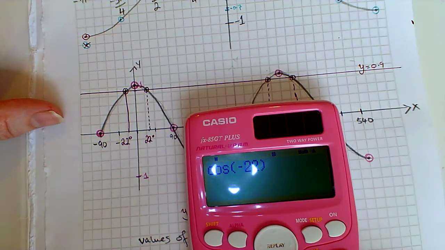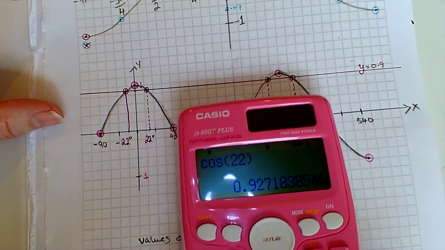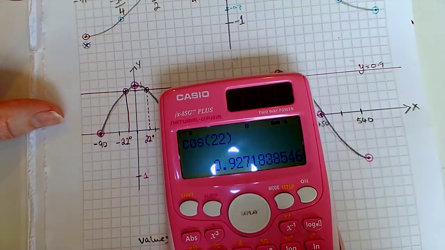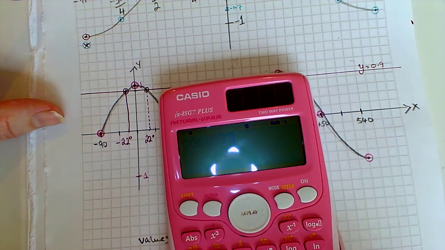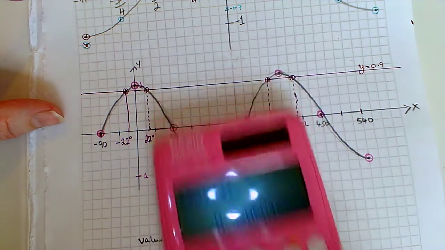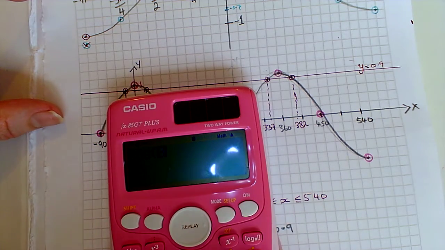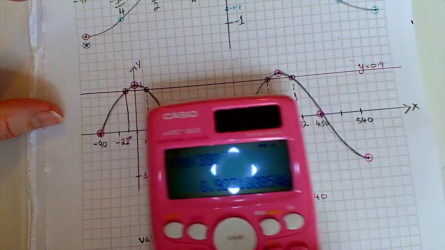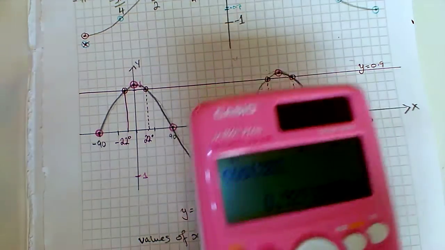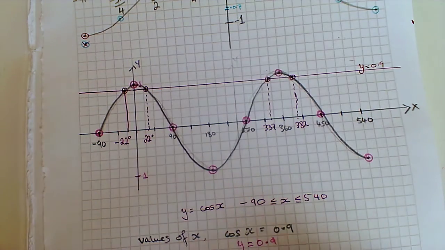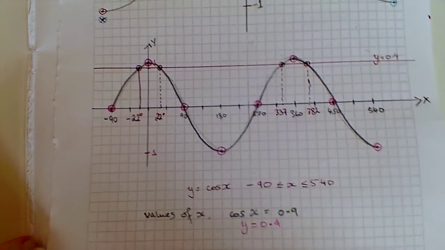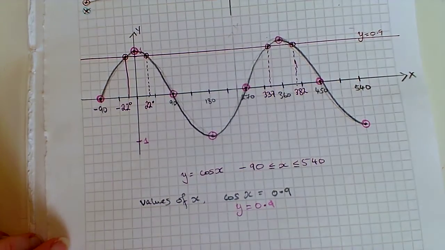Cosine of a plus 22 degrees, same idea. Cosine of 337, yeah, that's very close. Okay, and I'll fill in the last one as well. Cosine of 382. Yeah, I'm happy with those now. It's a bit above the 0.9 that they asked for, but it's close enough that we would get full marks for that. So the important thing is that you answer based on what's on your graph.